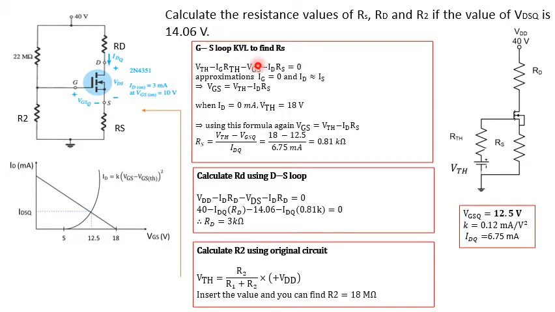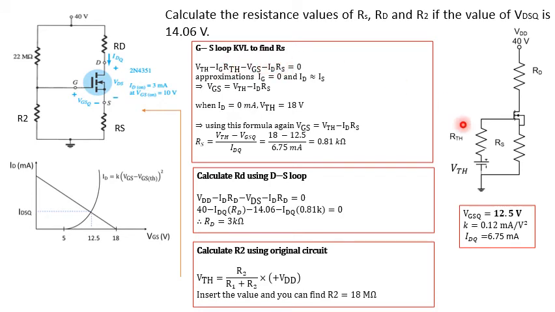That is why I asked you to draw the simplified circuit, so that it is easier for you to analyze the GS loop to find the required parameters, for example, RS, RD, and also R2.